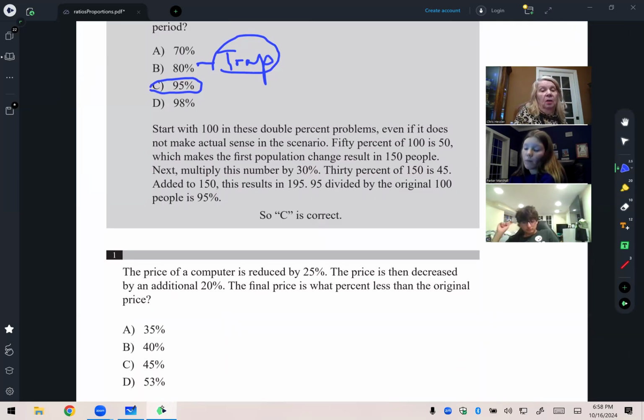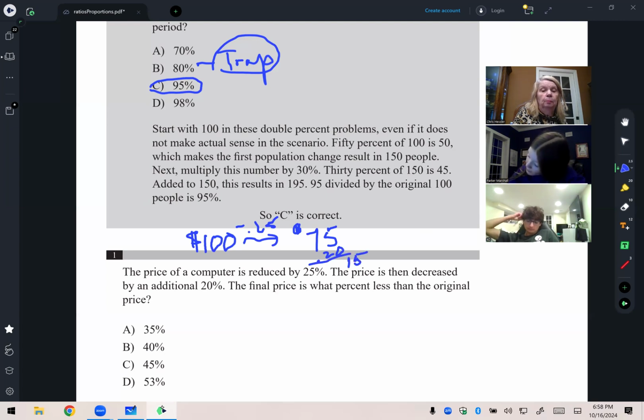So let's say a computer is $100. That's a little weird. We're reducing it by 25%, so the computer goes down to $75. Then it's decreased by another 20%, which is $15.